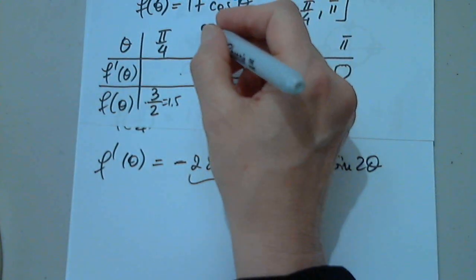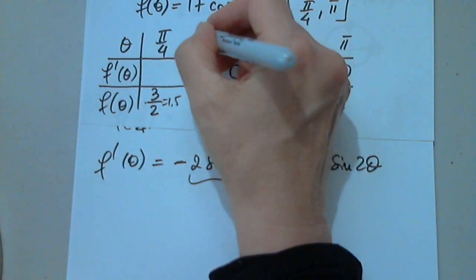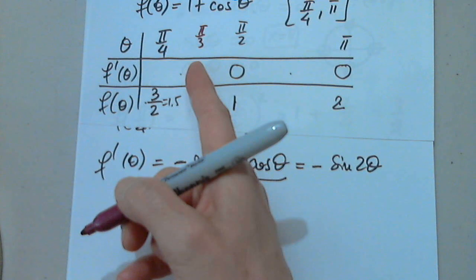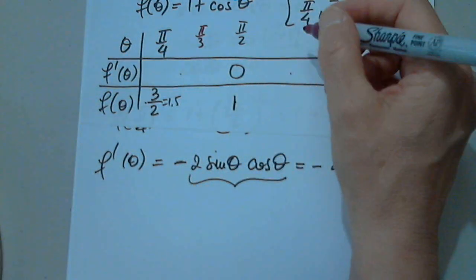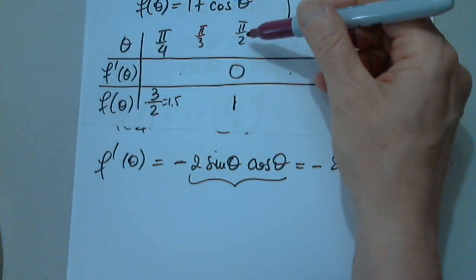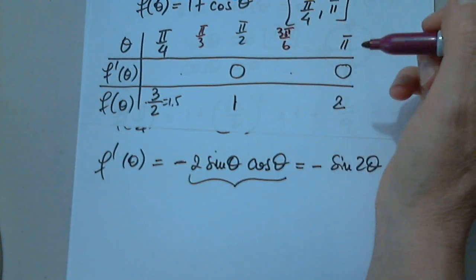So I need to plug in between pi over 4 and pi over 2, and I will be plugging in pi over 3. So this is 45 and this is 60. And here it doesn't matter. I can choose anything like pi over 2 plus pi over 6.